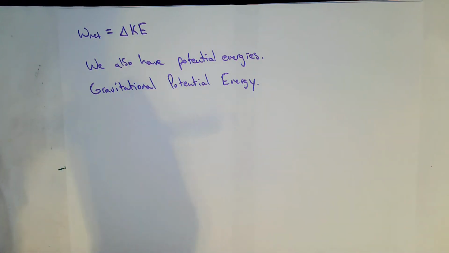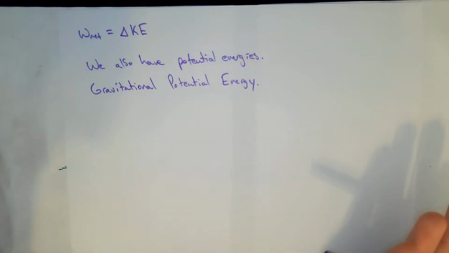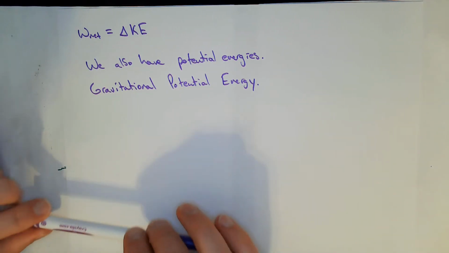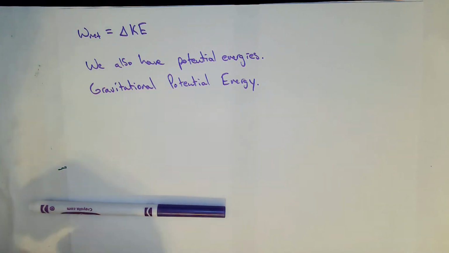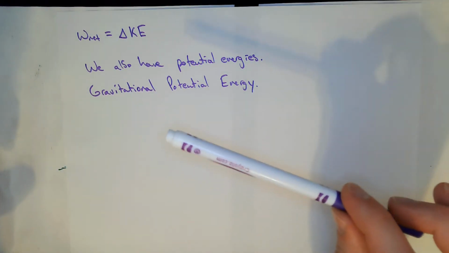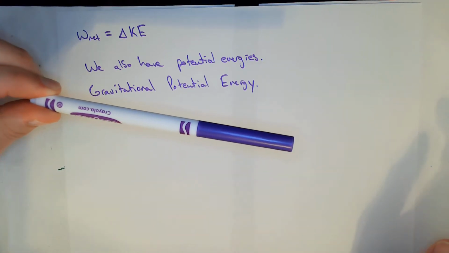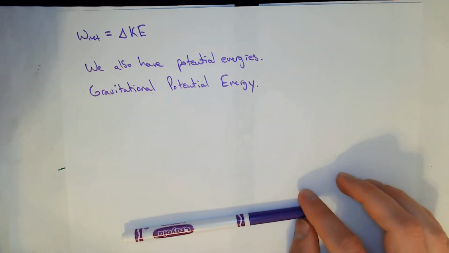It's energy that an object potentially has due to gravity. So if an object is on the floor, then it has no gravitational potential energy because there's no potential for it to fall and gain energy. Whereas if an object is being held at some height, then there's potential energy. There's the potential for it to fall and gain energy as it's falling.